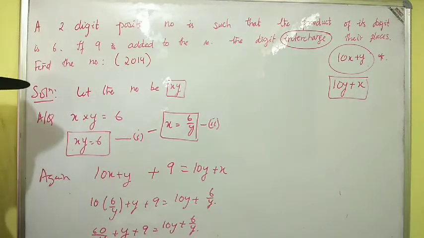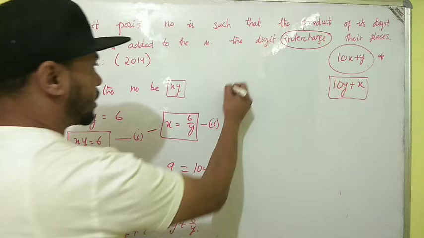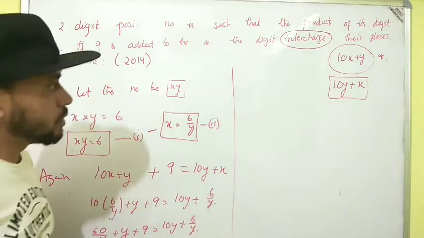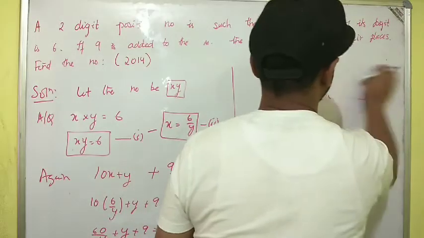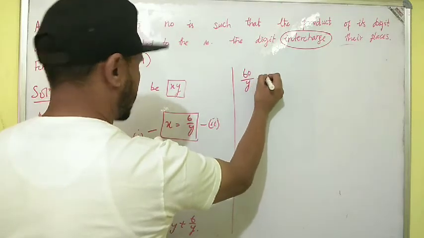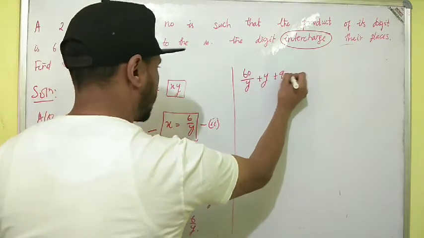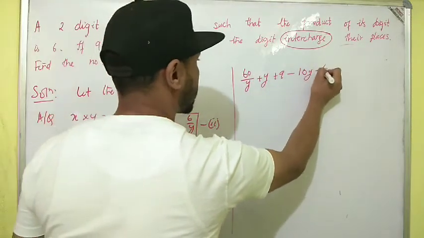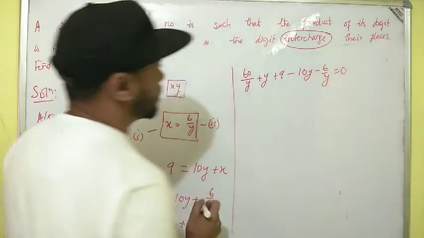Now let's take all the terms to this side. So this will be your 6y by y plus 9 minus 10y minus 6 by y is equal to 0.